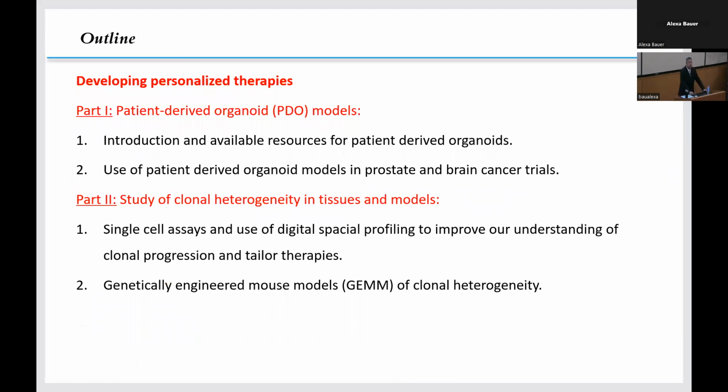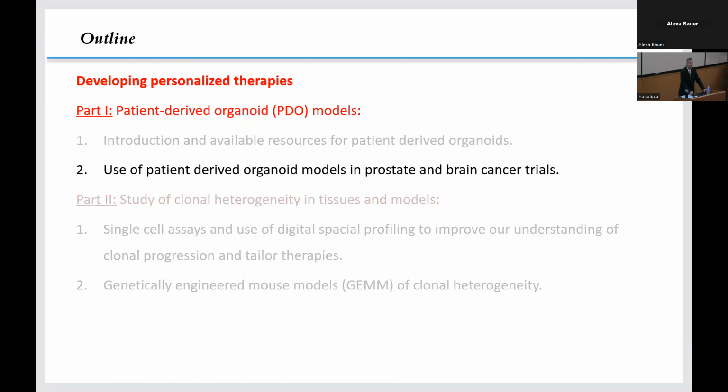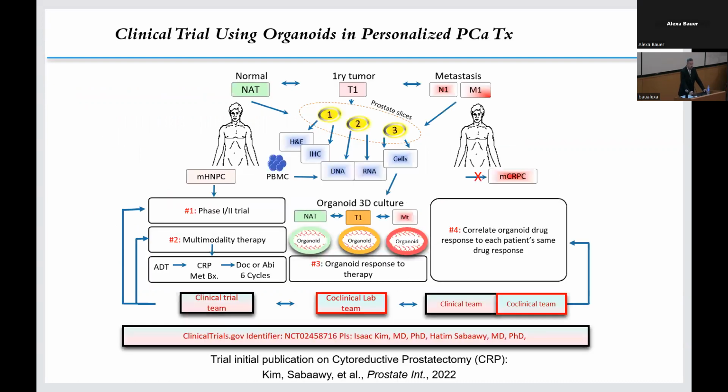The goal is to be able to use these patient-derived models in ongoing trials to develop responses to therapy, to develop readouts for many of the next line therapies that these patients need. I'm going to show you how this was done in prostate cancer and in brain tumors. This is the trial design in prostate cancer.